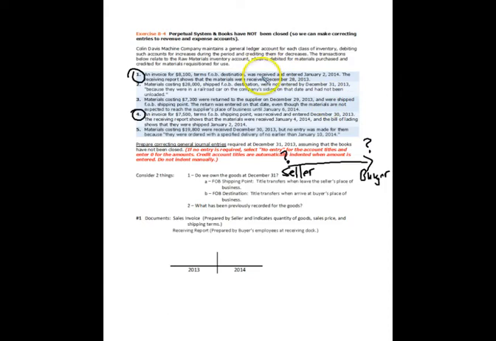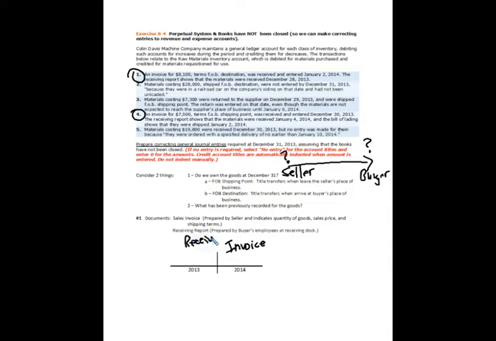It was received and entered on January 2, 2014. We're the buyer, so we've got an invoice that we received in January 2014. Now the receiving report shows that the materials were received on December 28.